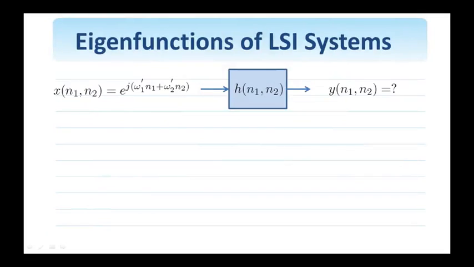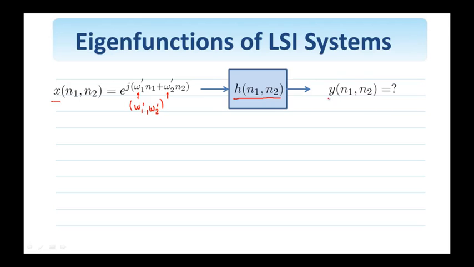Let us consider a linear and spatially invariant system with impulse response h, n1, n2. We put in signal x as its input, and this signal is a complex exponential with specific frequencies omega 1 prime, omega 2 prime. This is a two-dimensional pure tone since it only contains, again, this particular frequency omega 1 prime, omega 2 prime.